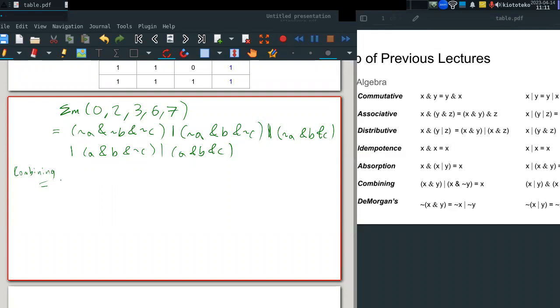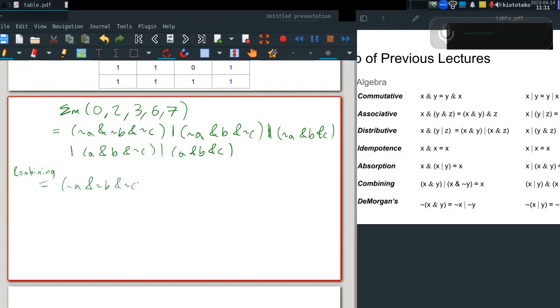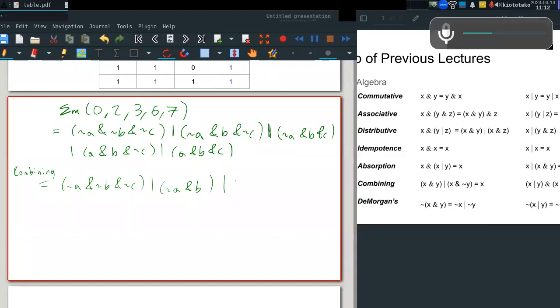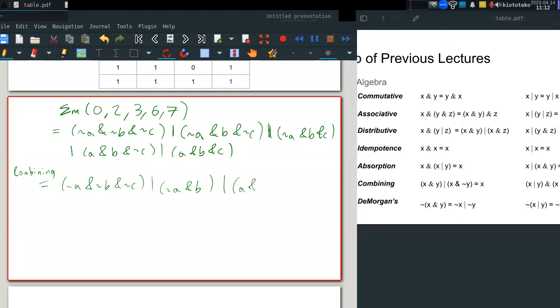So let's see, not A and B. We apply combining of this with this one, which results in not A and B. We apply it again with this one, and we get A and B.